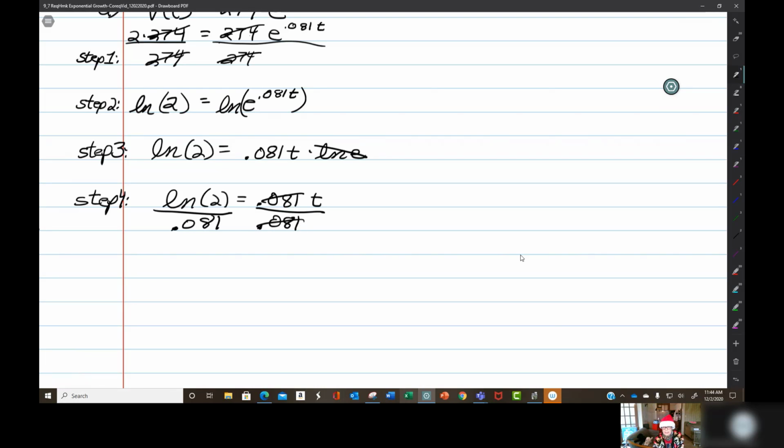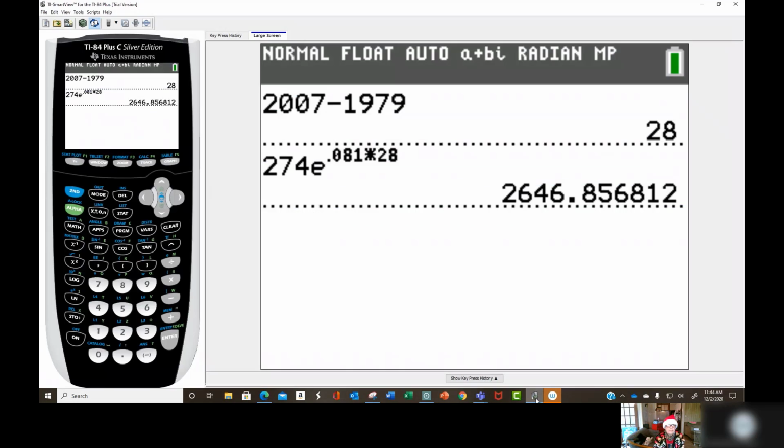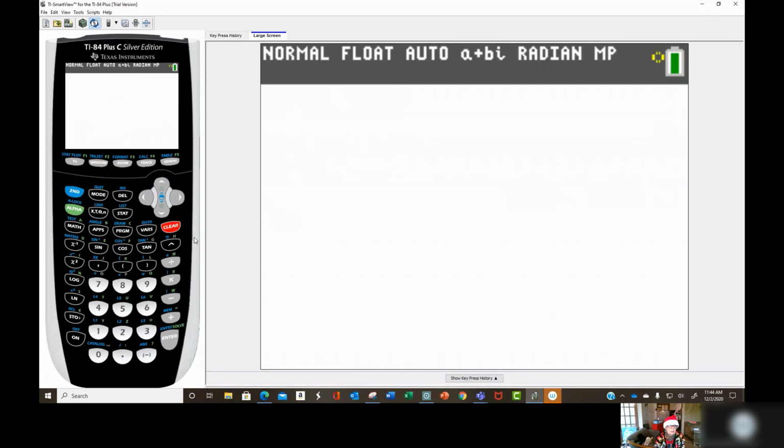And I'm going to find that number right now. So ln 2, close my parentheses, divided by 0.081.